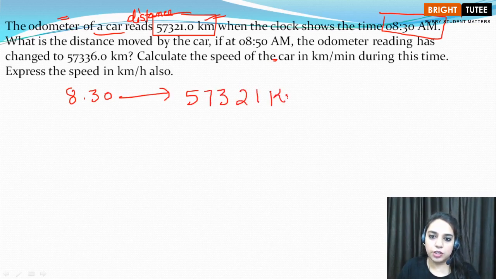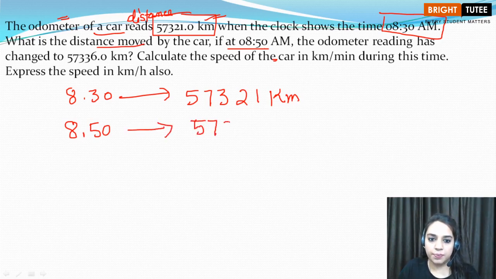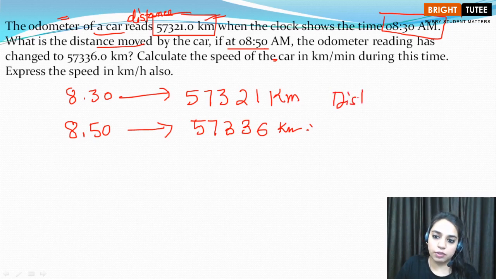57321 kilometers. Okay, then what is the distance moved by the car if at 8:50 children this reading has become 57336 kilometers. So first of all you have to find this distance. In order to find the distance, you will subtract the initial reading from the final reading, right?